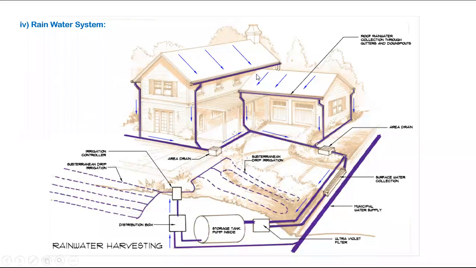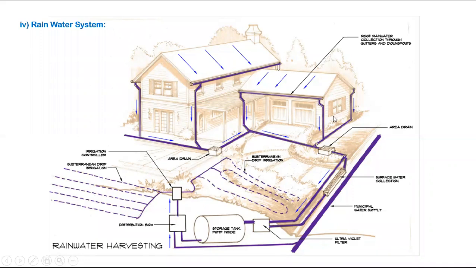We are collecting the rainwater on the roof by the gutter drain and transferring the water by vertical rainwater pipe. It may be cast iron or UPVC pipe or some other plastic pipe you can use to transfer. The pipe should be connected into the area drain.